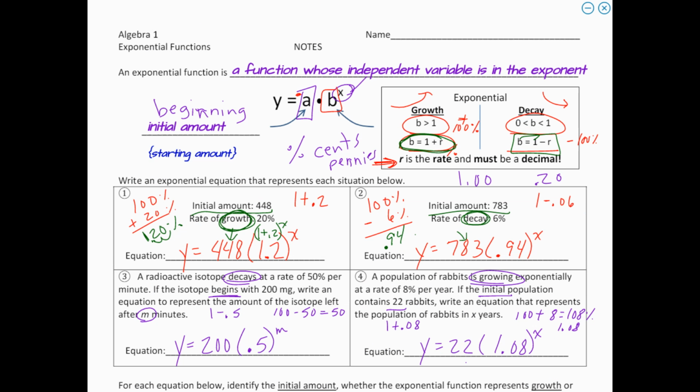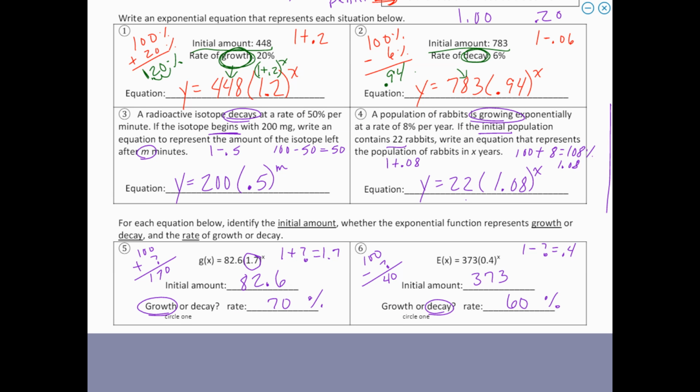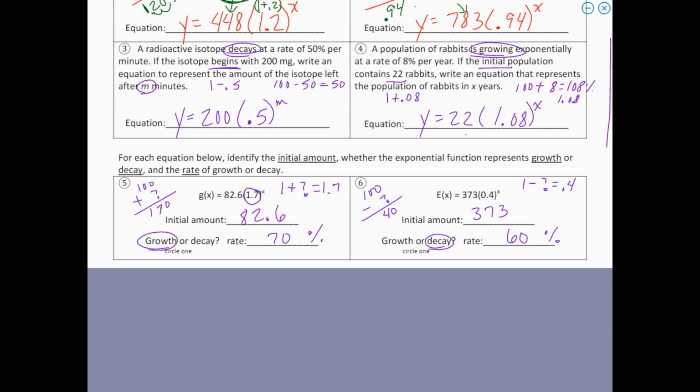Up here, in the top of our notes: growth is greater than 1 and decay is lower than 1, between 0 and 1. So up here in this one, we've got 0.4. Is that greater than 1? No, it's not. It's between 0 and 1. So that's how we know that one's decay.